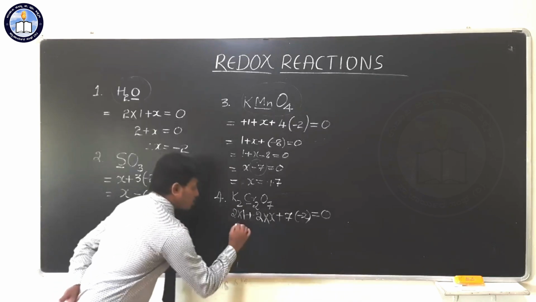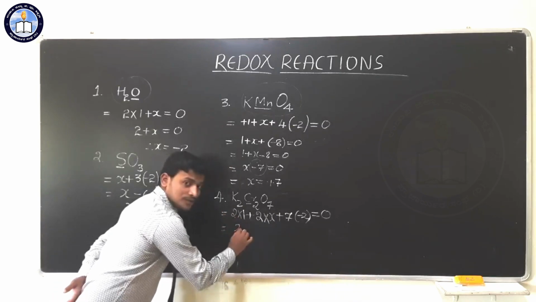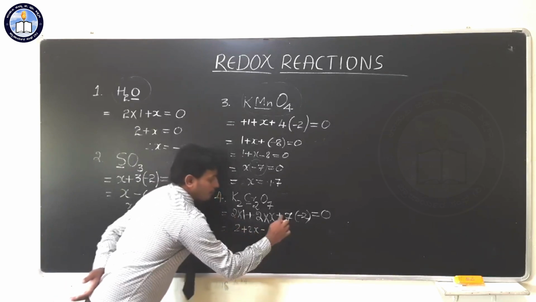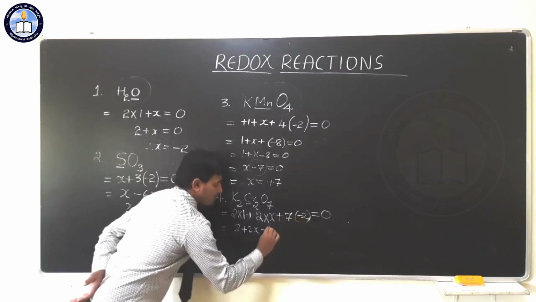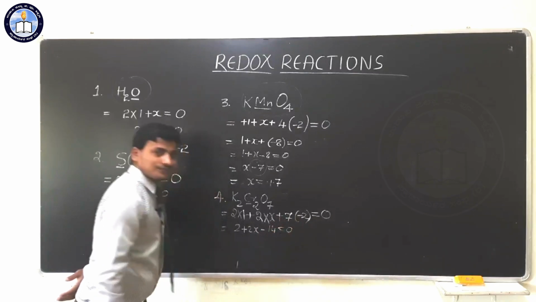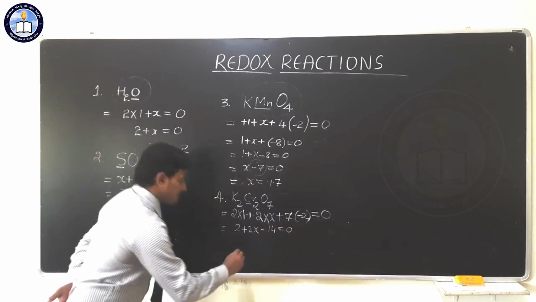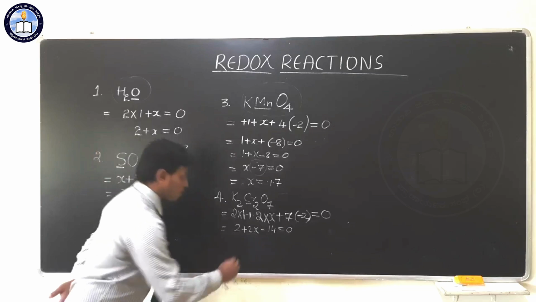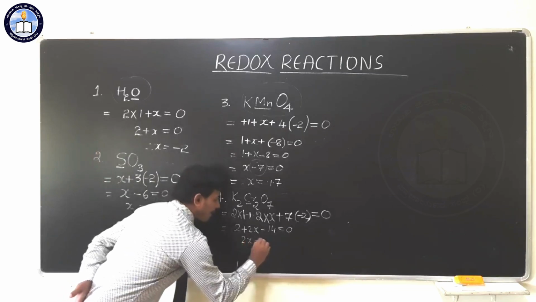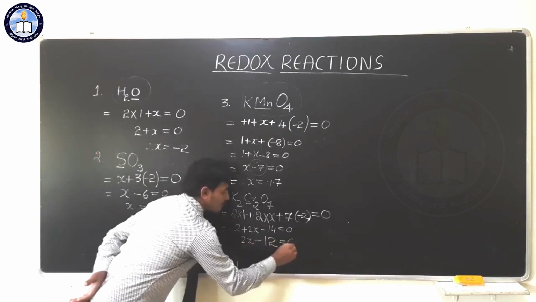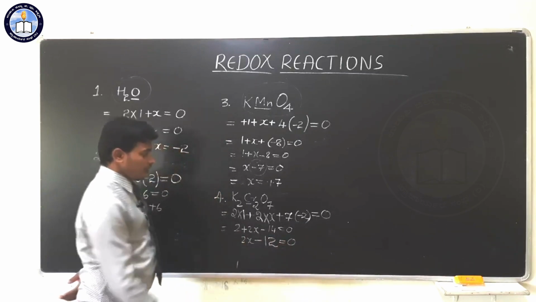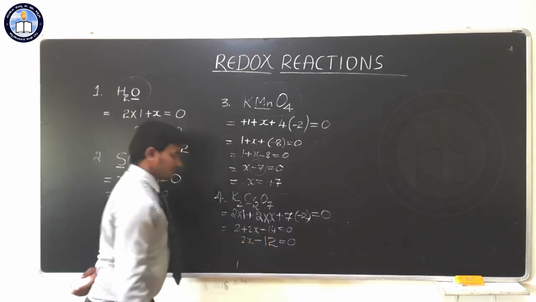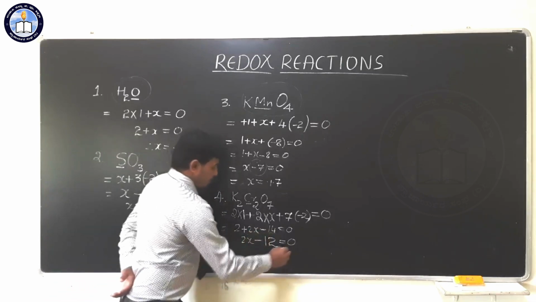Hence that is 2 plus 2x minus, 7 into 2, 14, equal to 0. Plus minus means minus, so 2x minus 12 equal to 0, because the bigger number has the minus sign, therefore I put minus here.